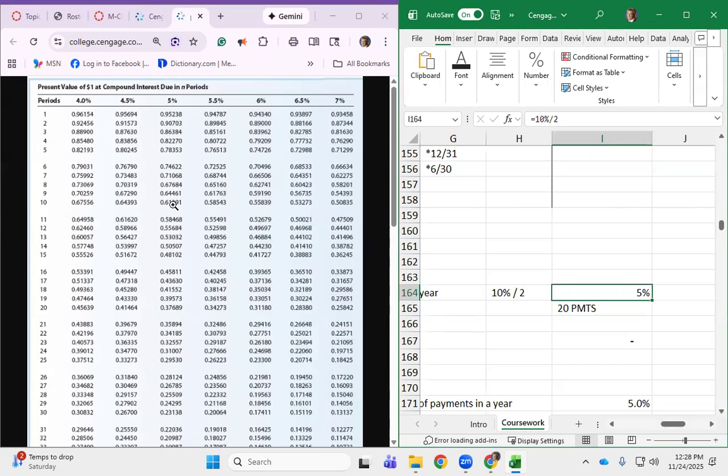Are you using the table? Yes. Okay. Then we're going to figure out how many payments. I've got 10 payments. So you have 14 payments and you have 12 payments. So you go down under which column you need and you find a number.